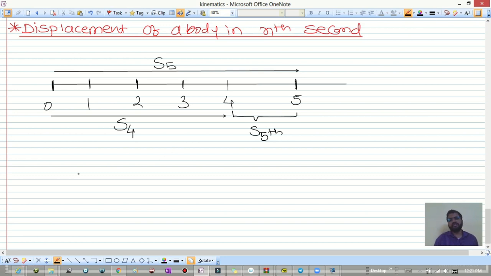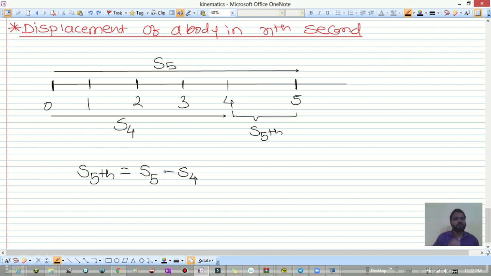So over here, displacement in 5th second is equal to displacement of a body in 5 seconds minus displacement of a body in 4 seconds, right? So this is what the displacement of 5th second means. What is the displacement of 6th second? Displacement of a body in 6 seconds minus the displacement of body in 5 seconds.